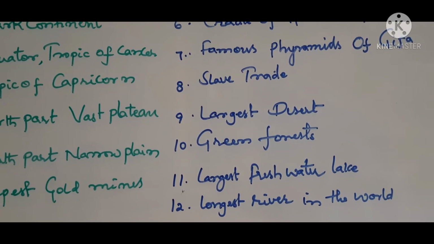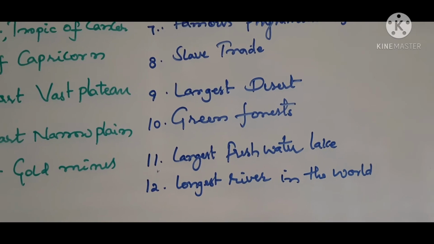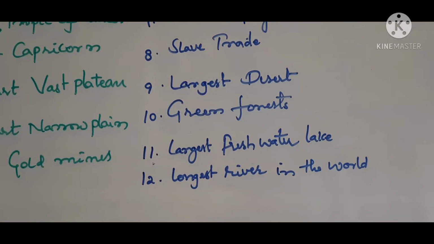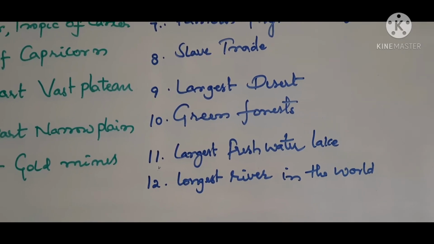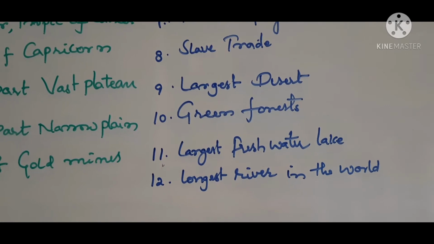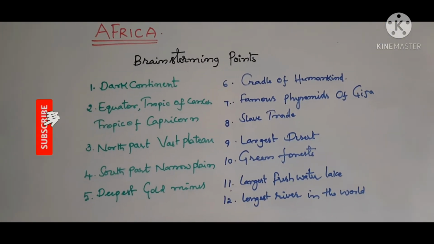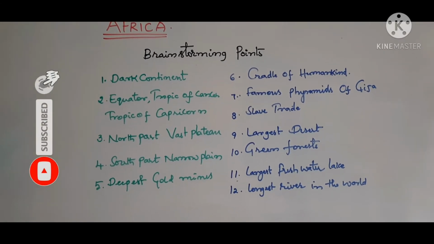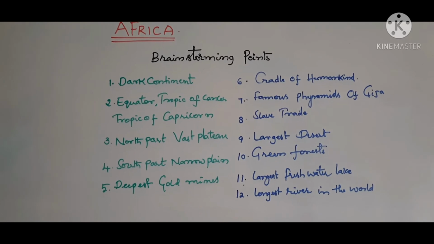It's a fantastic feature. The 11th one, the largest freshwater lake in the world, is Lake Victoria. And of course, the last one, the longest river in the world, is the Nile. Okay, with all these features, Africa has become a brainstorming place like no other in the world.